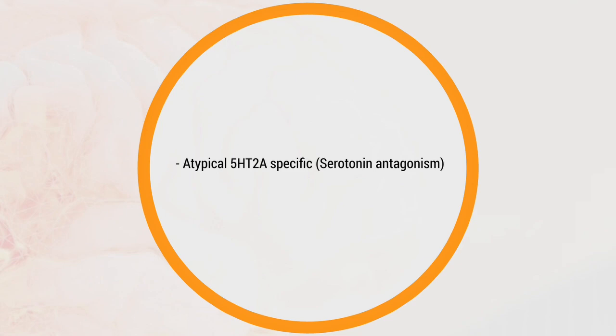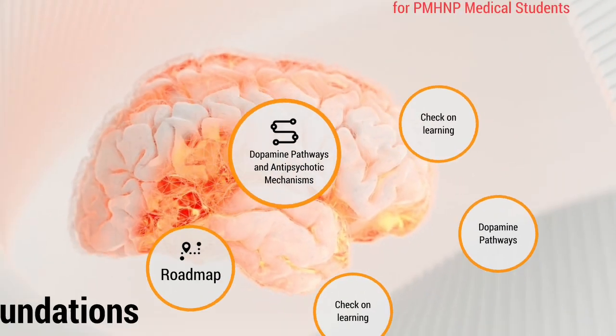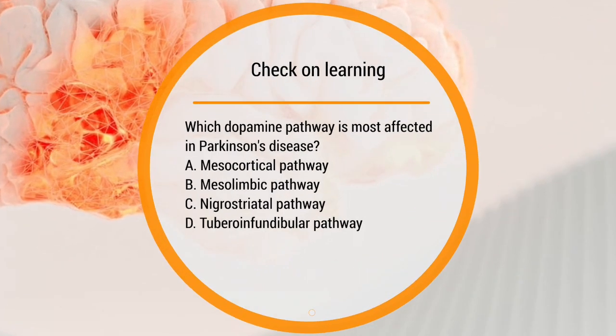So the difference between typical versus atypical is that the 5HT2A blockade is part of your atypical, which the first generation lacks. So it's a very important distinction. You should know this. Now, let's move on to another question.